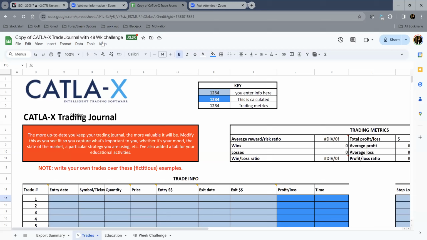Number four is, have I identified my last area of liquidity? And the last thing is, do I have a trade confirmation? What is my trigger?